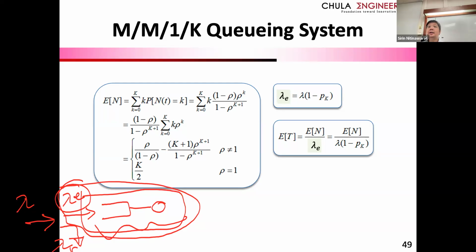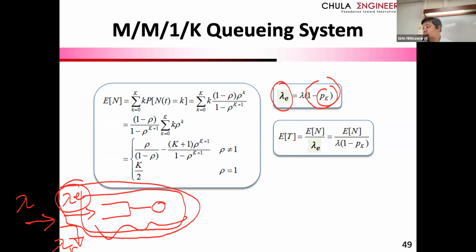What is the discounted rate when customers are being rejected? What is the probability that when a customer arrives, the system is already full? It's precisely this PK that we already derived. Because when the system state is not equal to K, the system can accept an additional customer, the discount is 1 minus PK.